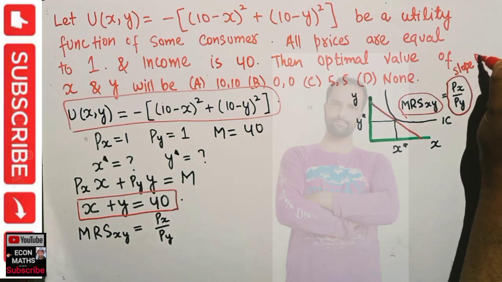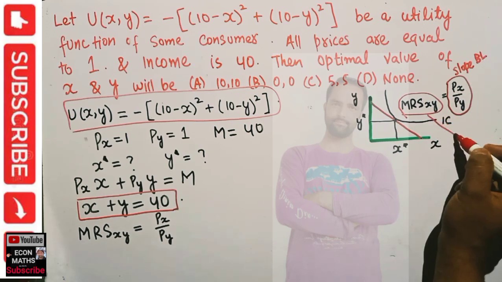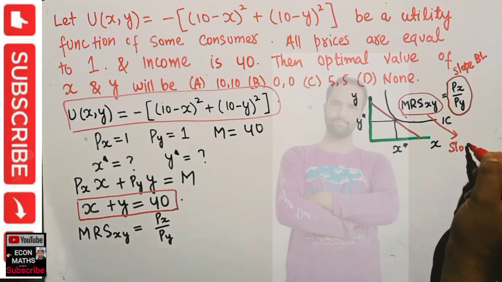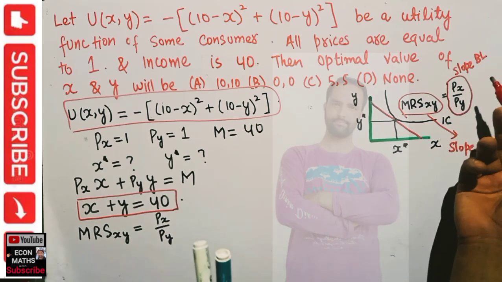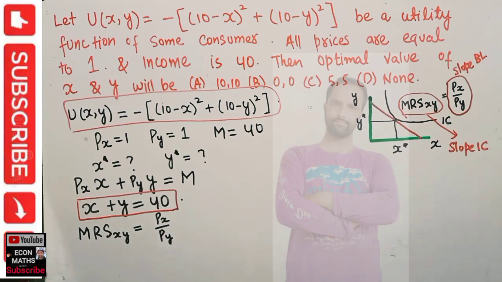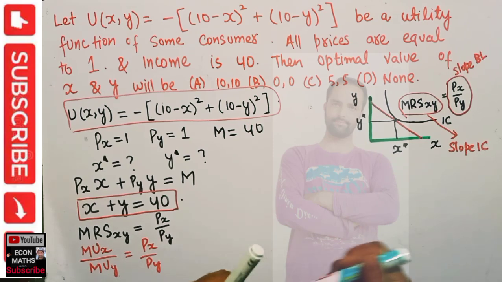We are taking the absolute values obviously here. Now marginal rate of substitution between x and y simply means we need to find out the marginal utility of x upon marginal utility of y. It should be equal to price of x upon price of y. Simple funda, no bakwas.